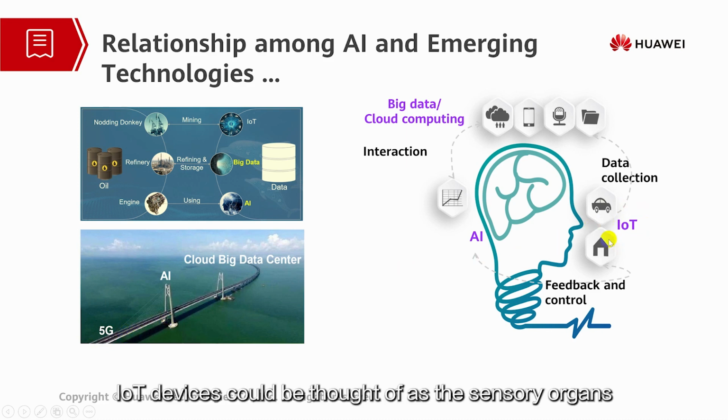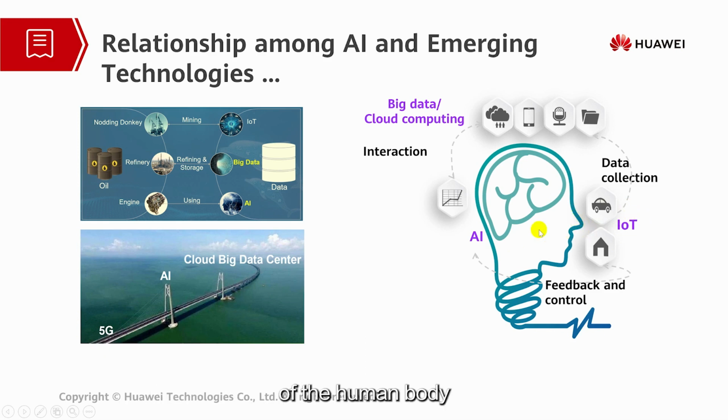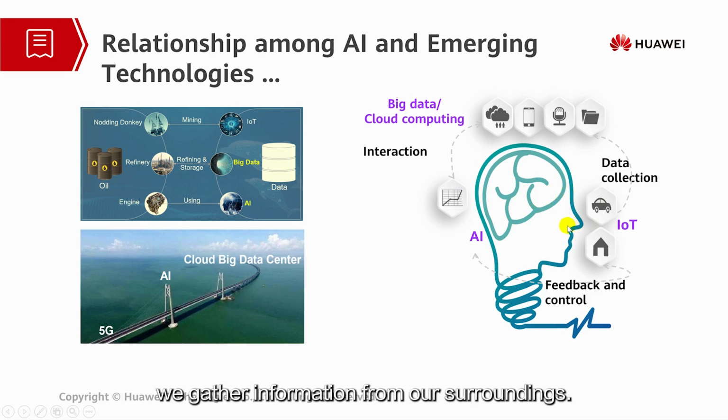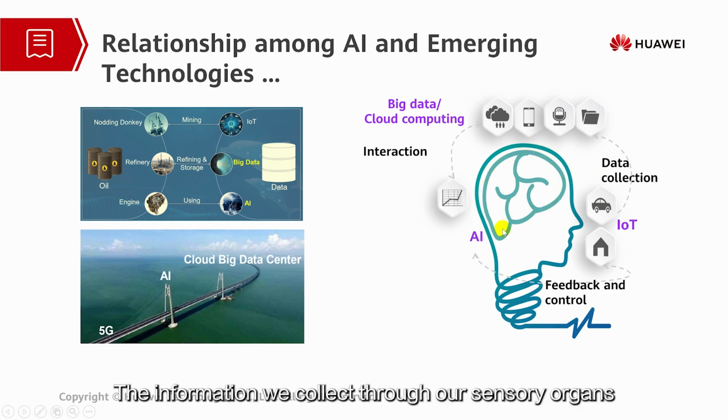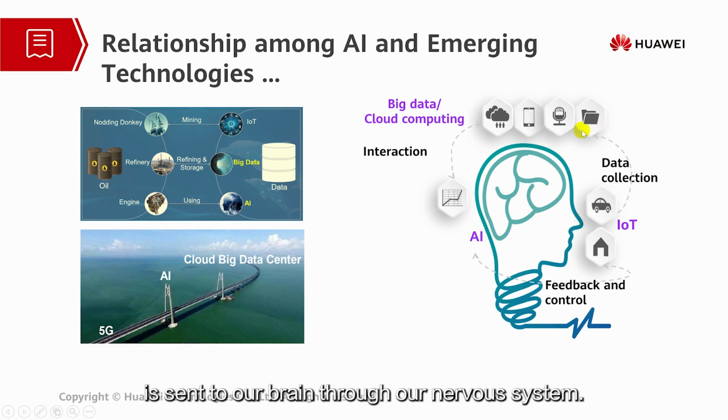IoT devices could be thought of as the sensory organs of the human body that can collect and send data. Just like with our eyes, ears, nose, etc., we gather information from our surroundings. Our brain could be viewed as a kind of AI system. The information we collect through our sensory organs is sent to our brain through our nervous system. 5G connections work like these nervous systems.